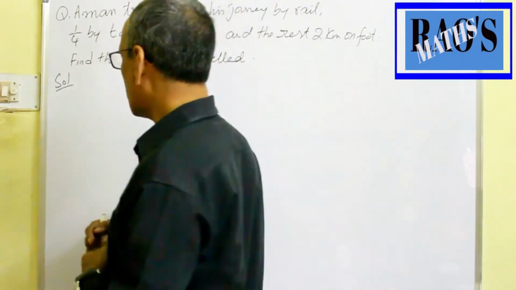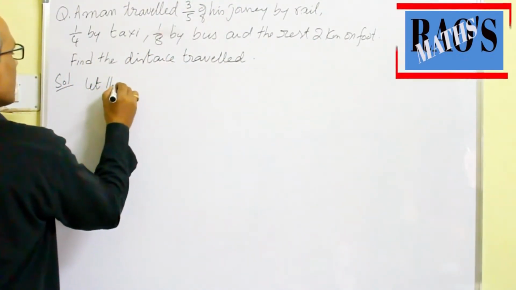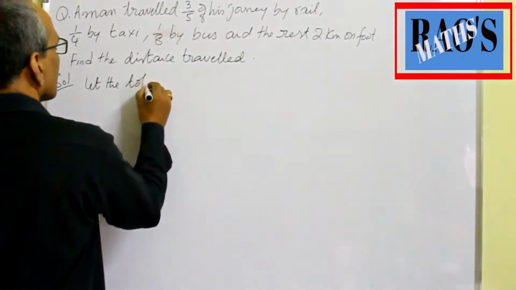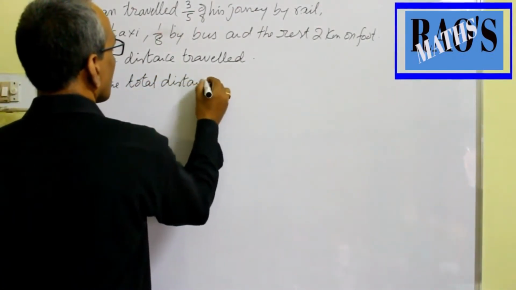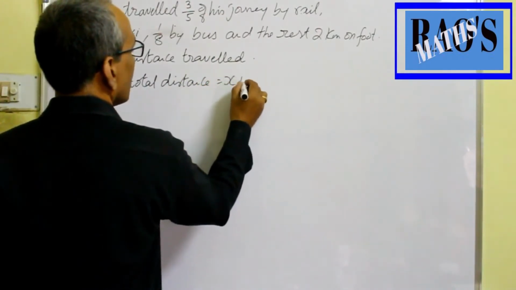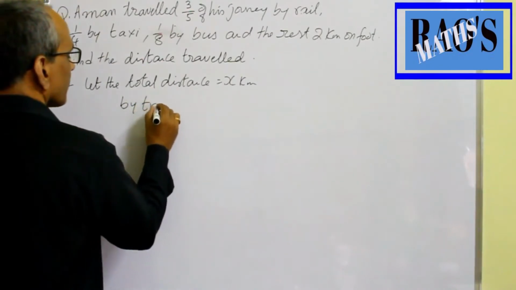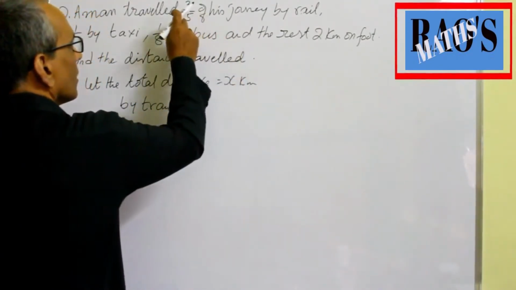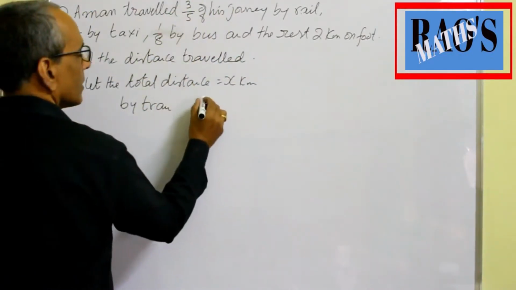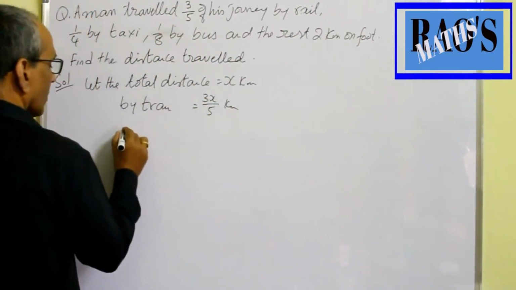Okay, let's start our work. So let the total distance be equal to x kilometer. How much did he travel by train? 3/5 of x, that is 3x by 5 kilometer.